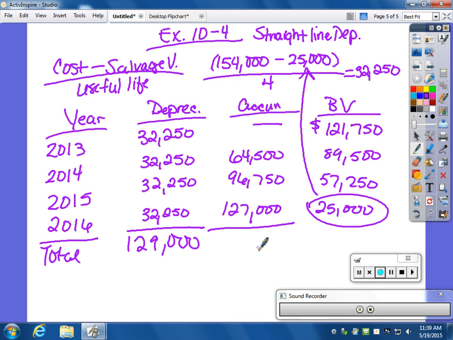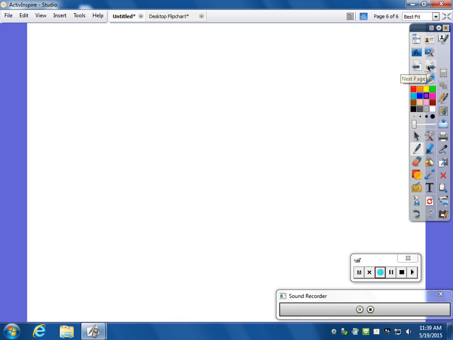So using that same information that you had before, what's the double declining equation? What are the steps?